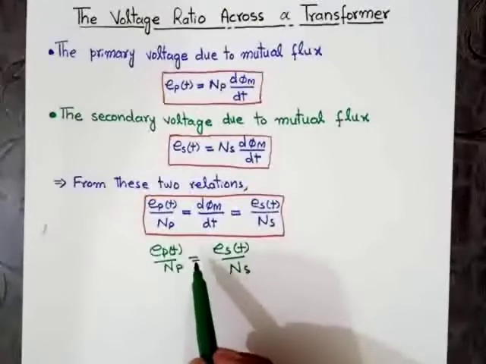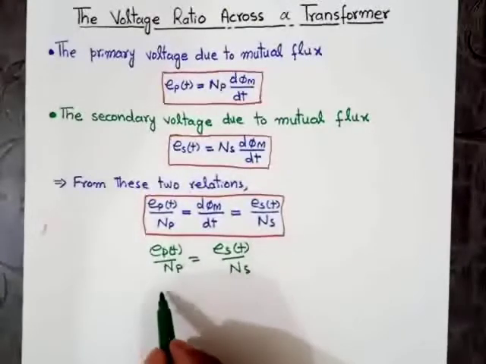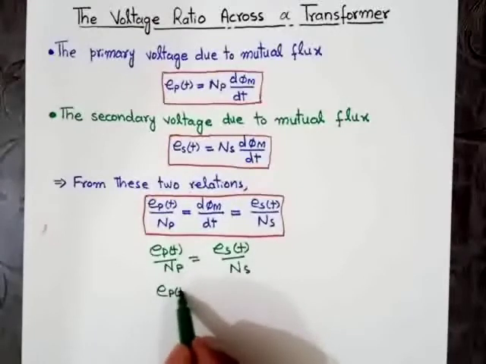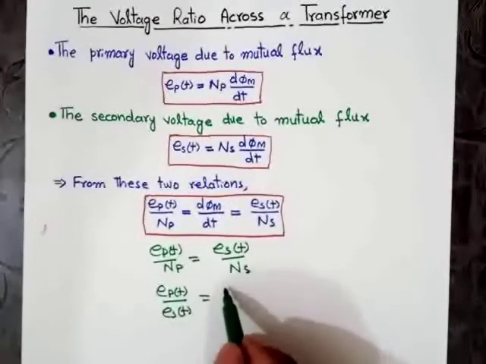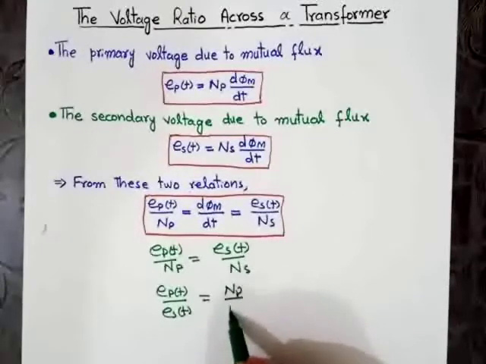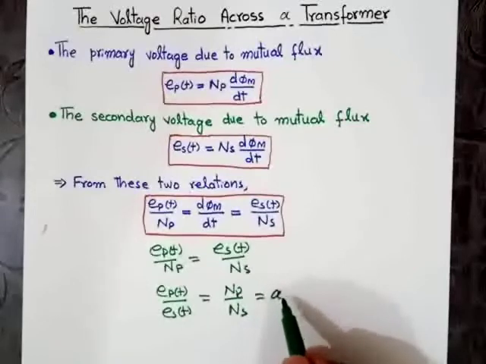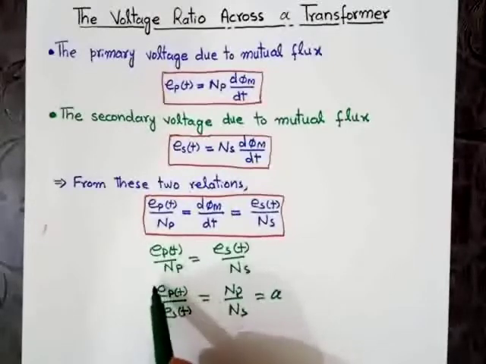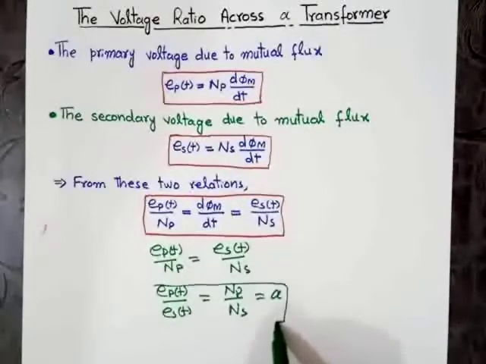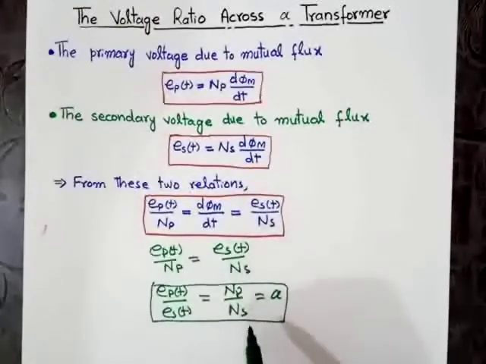If we do the cross multiplication, then Ept over Est will be equal to Np over Ns, and Np over Ns will be equal to a. Here a means the turns ratio, so a is equal to Np over Ns. So this is the voltage ratio across a transformer.